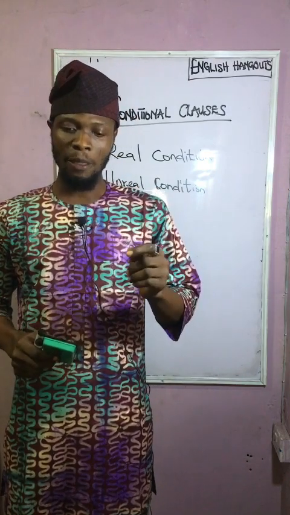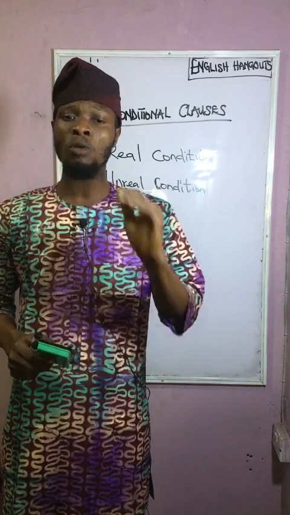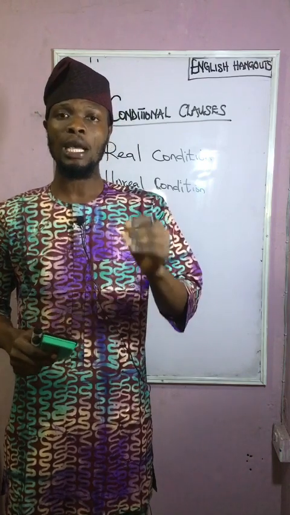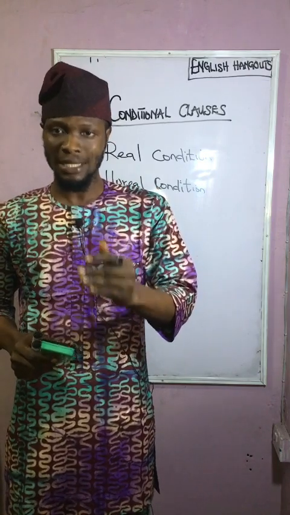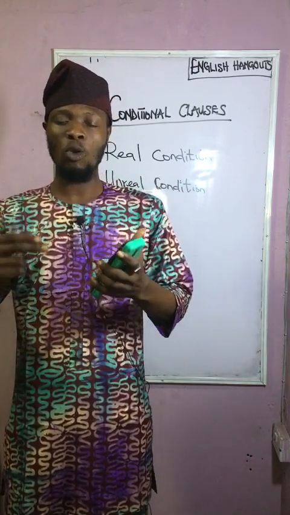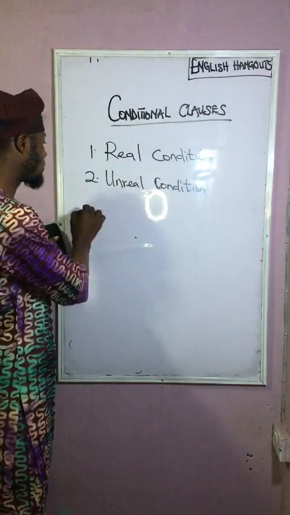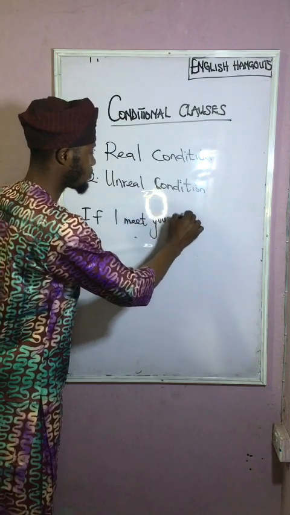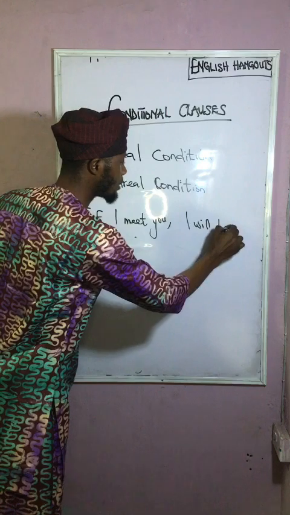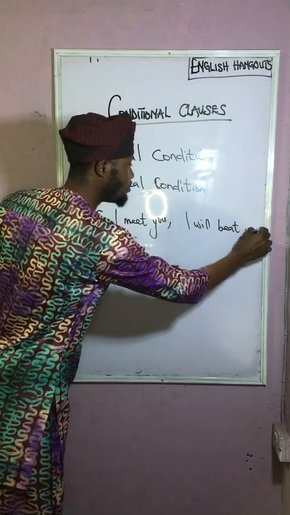The examiner, most especially in WAEC, JAMB, NECO, among other examinations, wants to test the students on whether they can identify verbs in that particular sentence. Many a time, the question will be in two forms. There will be two clauses in that expression. Look at this, for example: if I meet you, I will beat you.